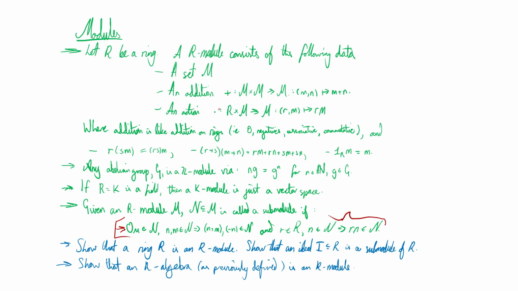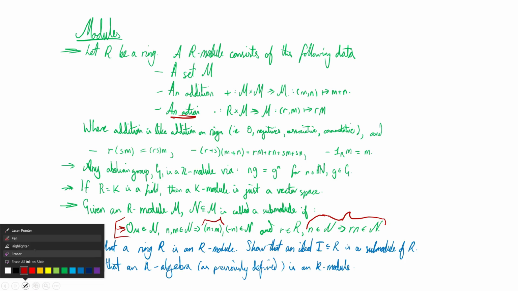This is called an action, because R acts upon it, but yeah, it's multiplication. It's scalar multiplication. That's another word which I've seen used for it within M.E. Keating's module theory. But the scalar multiplication is closed. You can't get out of N by multiplication, or indeed addition.